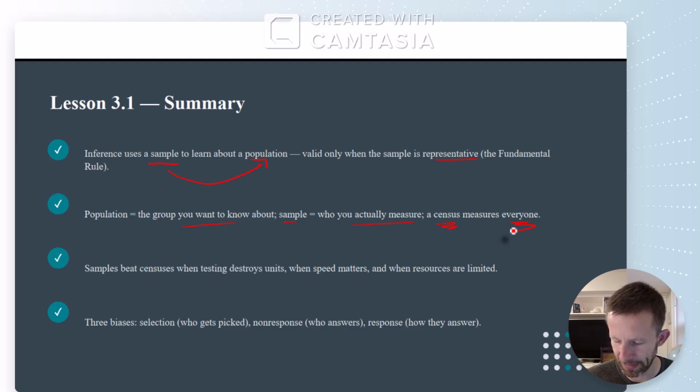Samples beat censuses when testing destroys units, when speed matters, and when resources are limited. A census often is going to be too expensive and impractical to conduct. We'll talk more about biases, more specifically, in another lesson. So that is lesson 3.1, an introduction to sampling and surveys.